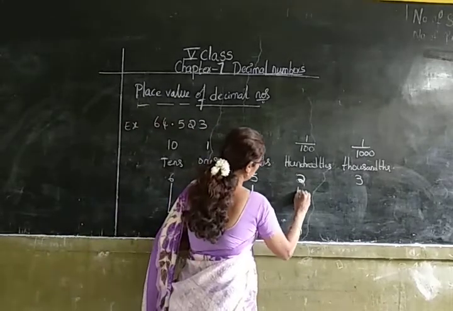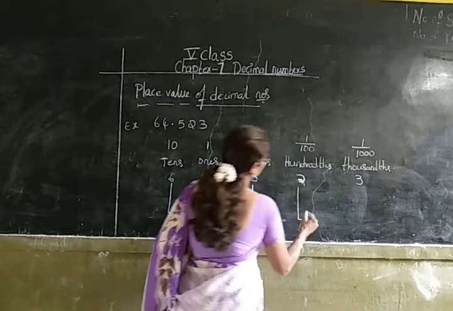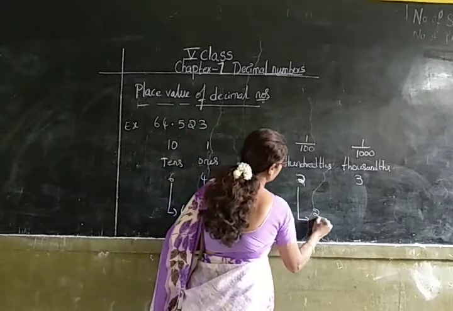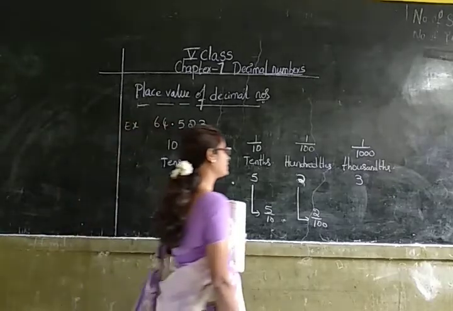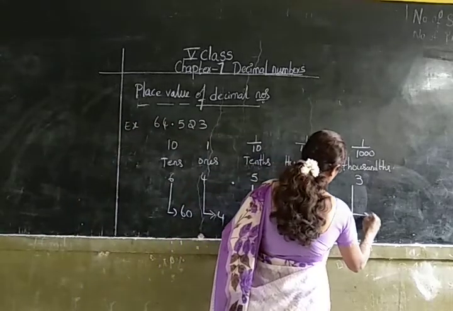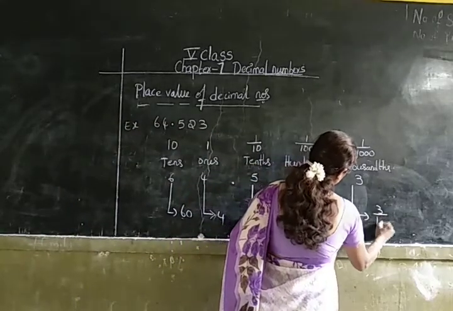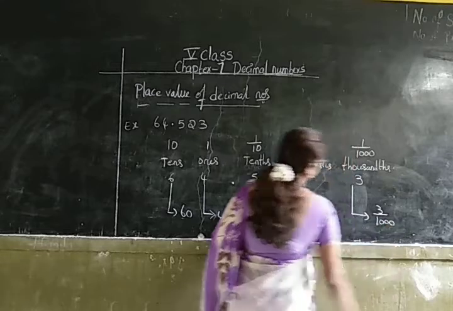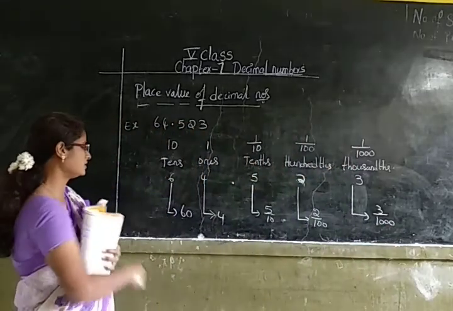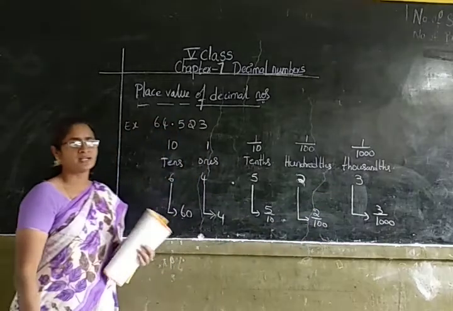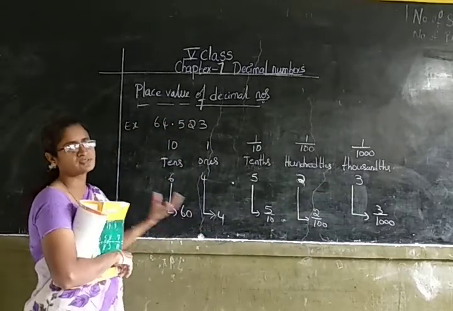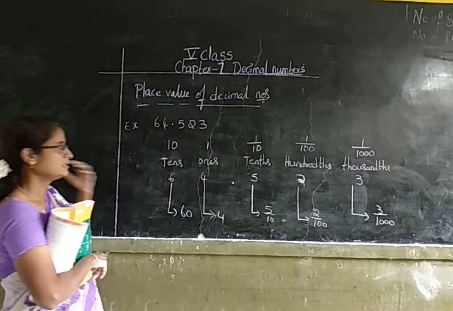Similarly, the place value of 2, which is in the hundredths place, is 2 by 100. And the place value of 3 in the thousandths place is 3 by 1000. Did you understand, children? So as we move to the right side, the place values decrease by 10 times. As we move to the left side, the place values increase by 10 times.